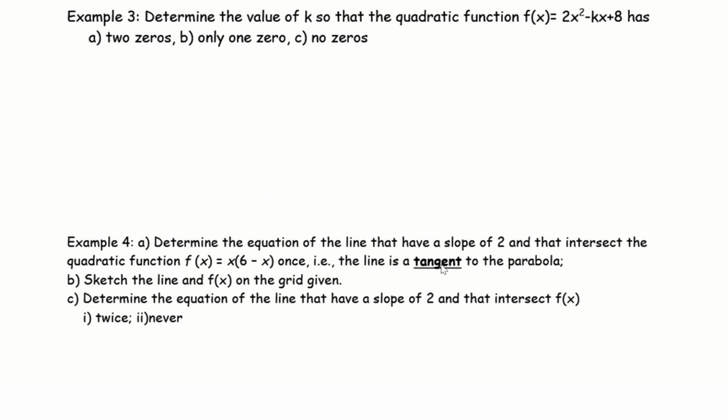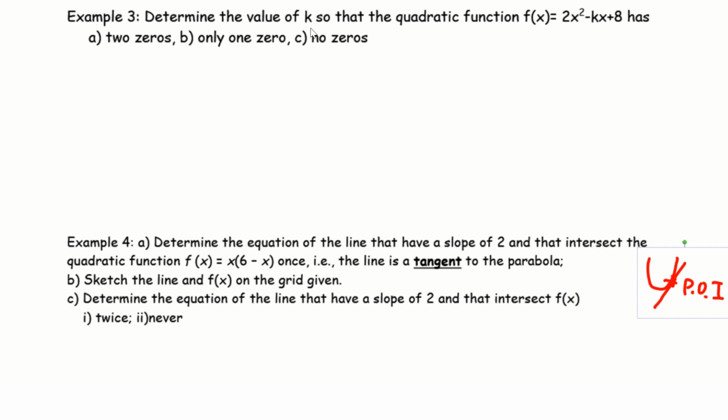A line is a tangent if it intersects with a parabola only once, only one point of intersection. We call this line a tangent. To determine the one point of intersection, we want to practice finding how many zeros there are, how many points of intersection there are.